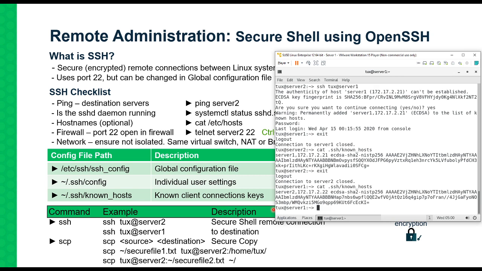Hit enter. And there we can see that server 2 is also defined as a secure connection because we made a connection from server 2 to server 1, and server 1 defined the details in its own known hosts file. And that's an easy way of doing the remote administration through SSH.